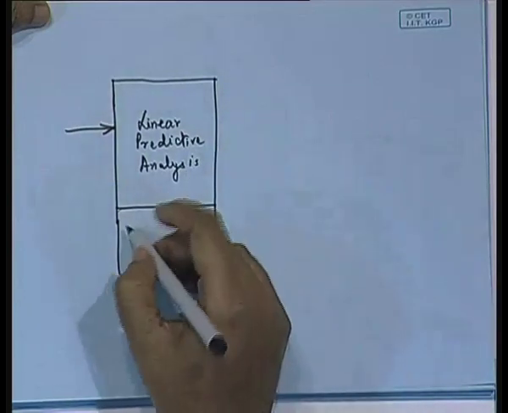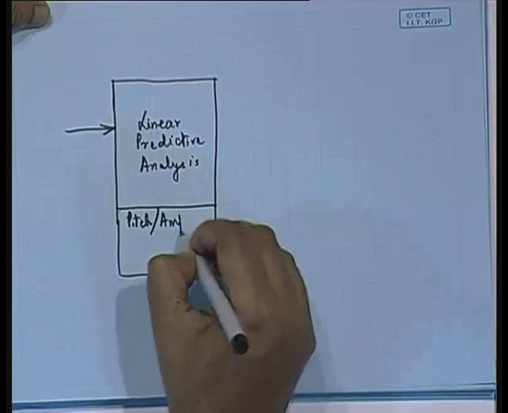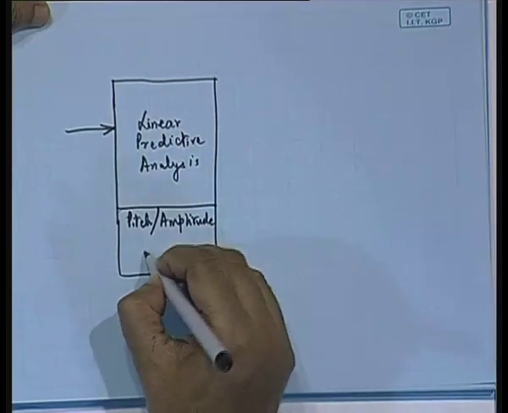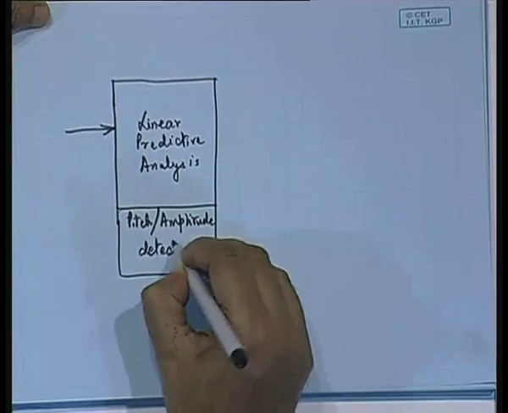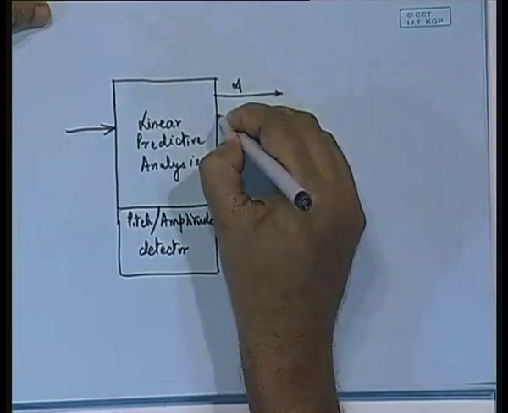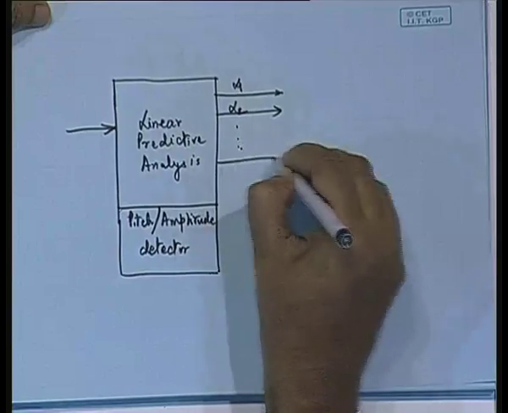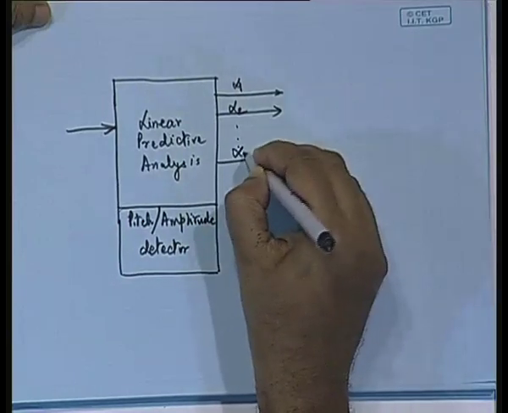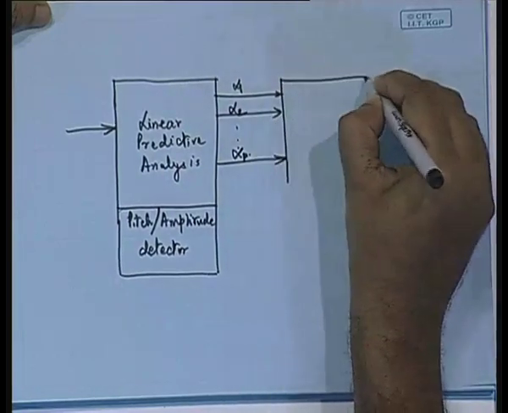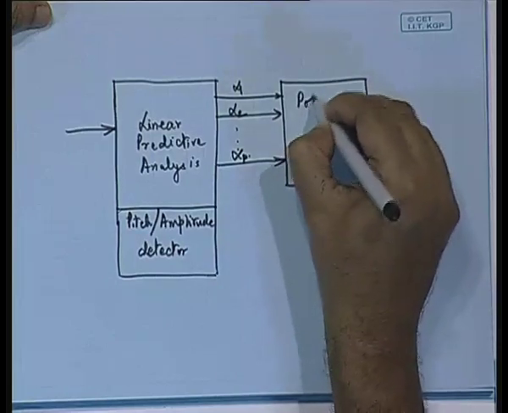Here we have alpha 1, alpha 2 up to alpha p, and then here we have to do what is called polynomial factorization.